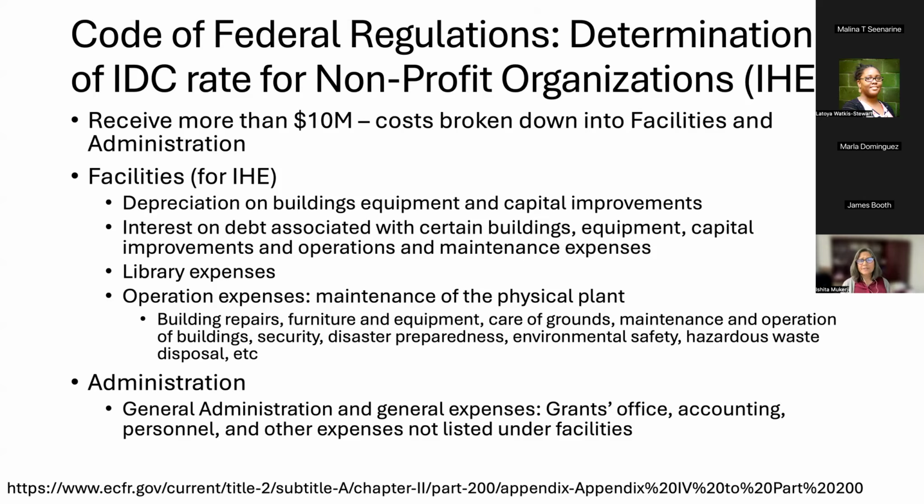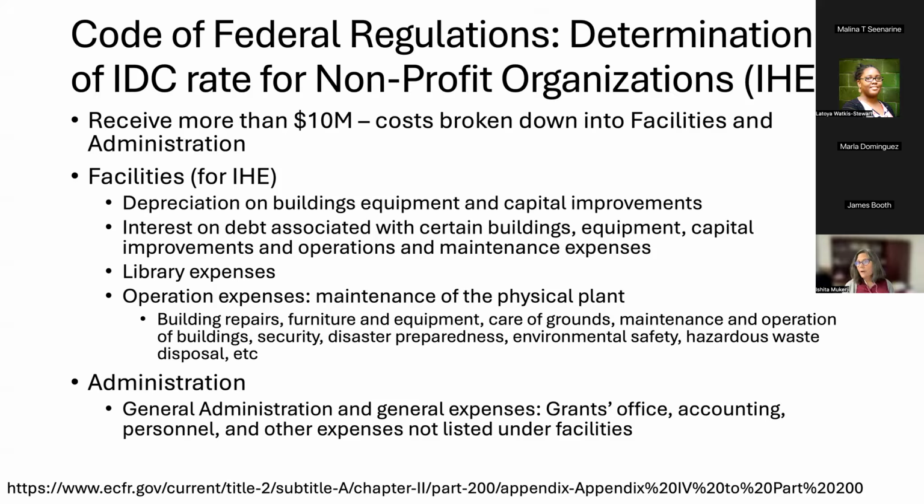If this organization or institute receives more than $10 million, then the costs have to be broken down into facilities and administration. For institutes of higher ed, when we think about facilities, that's the depreciation on the buildings, equipment, and capital improvements.